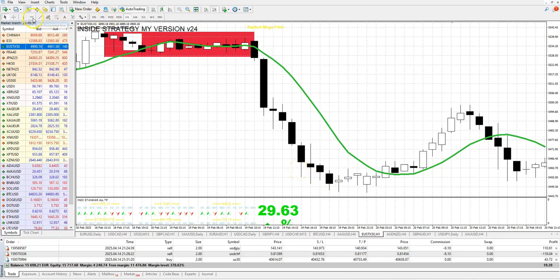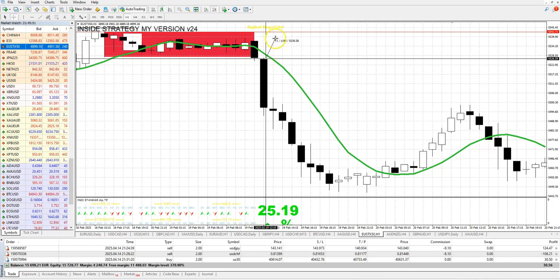Stop loss, usually you put a few pips over the box and take profit 2 times. So if you take the trade here, from here it is 160, so 320 would be your, somewhere here you can exit, or you can wait more to make even more.